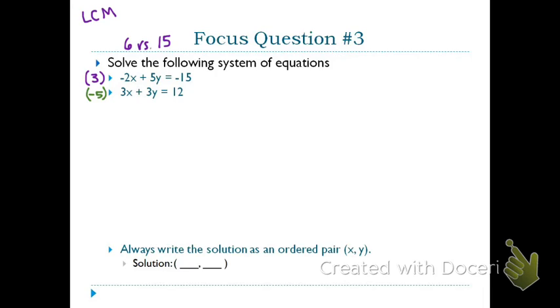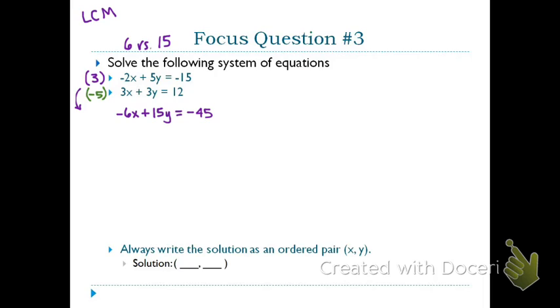So multiply through, and let's bring this down. The top equation is going to be in purple. So we have -6x plus 15y equals -45.